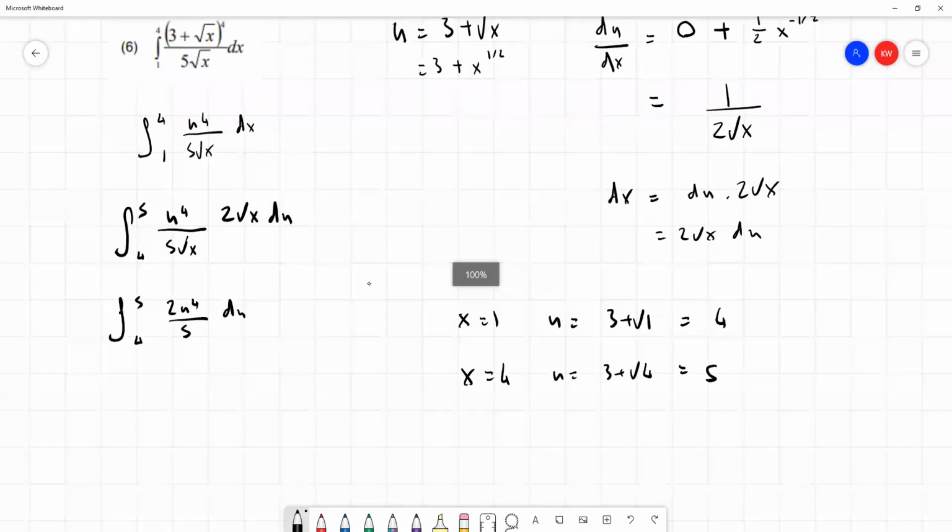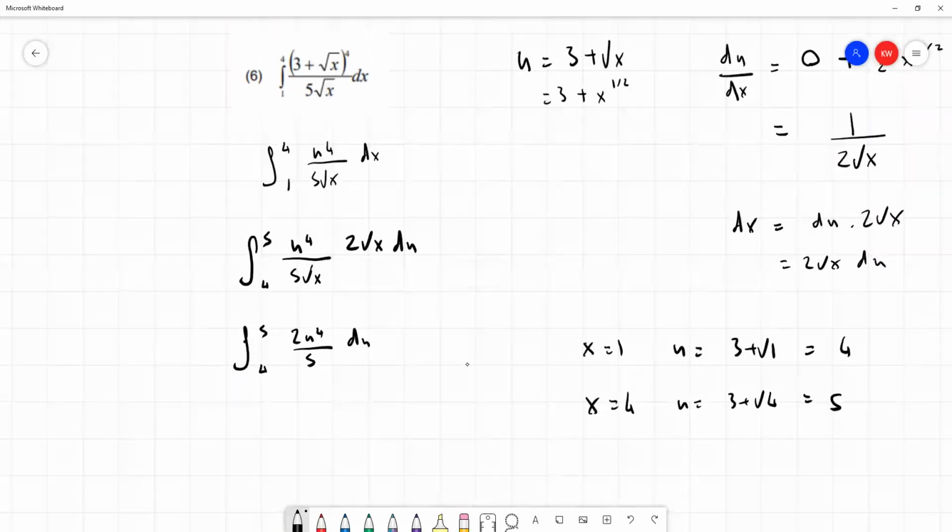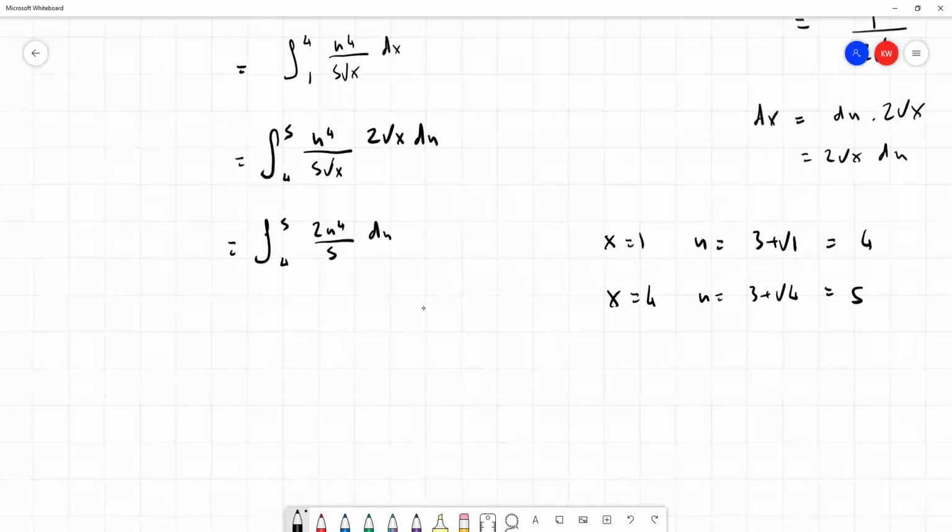And to again make our lives easier, of course, putting equal signs down the side here, so each step is indeed equal to the line above. And of course, what integrals also allow us to do is to take any constant coefficients, so any numbers, and multiply our expression outside. So we can take this 2 over 5 out here. We're quite happy with that. And then integrate between 5 and 4 of u to the power 4 du.